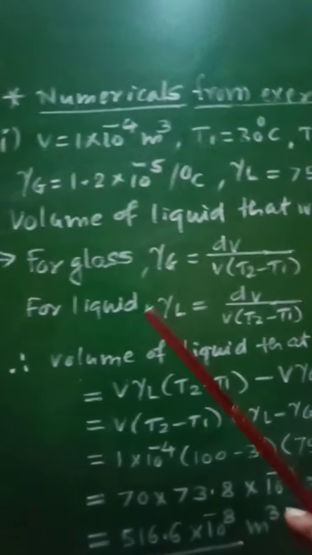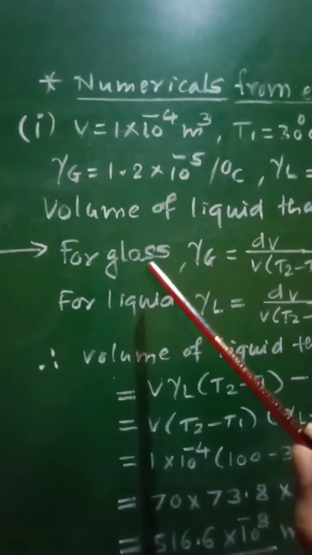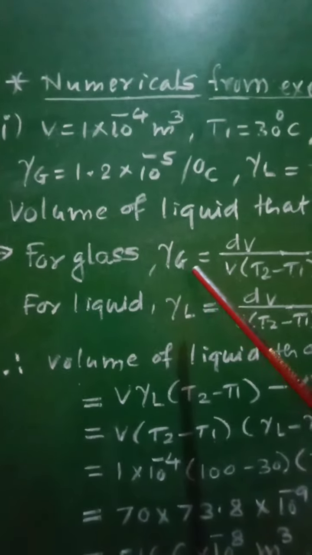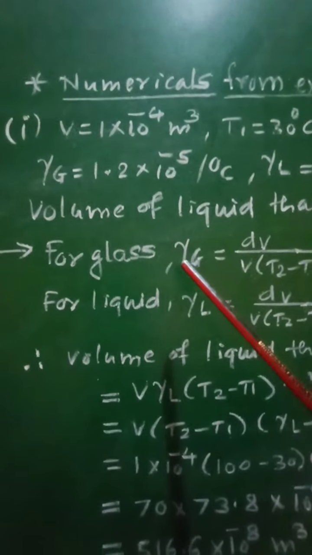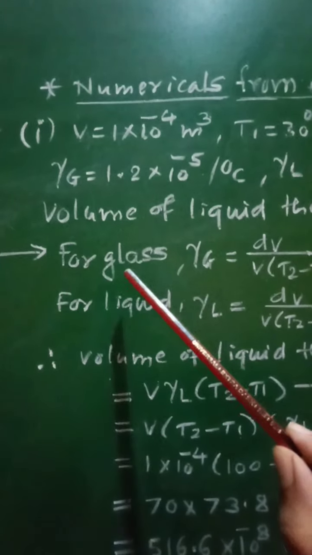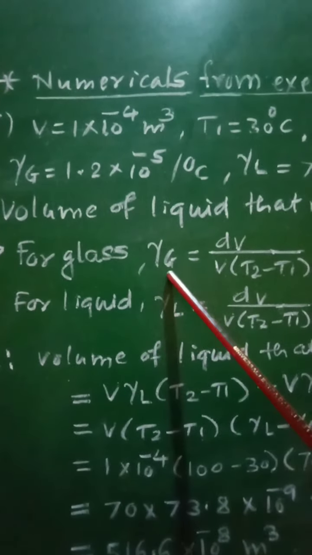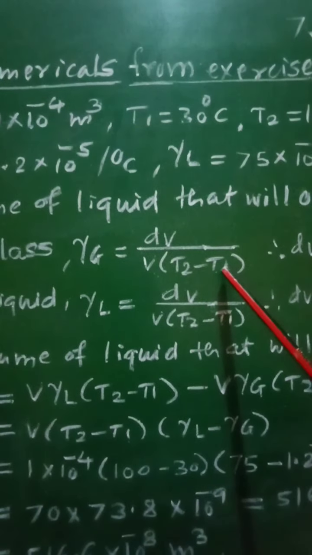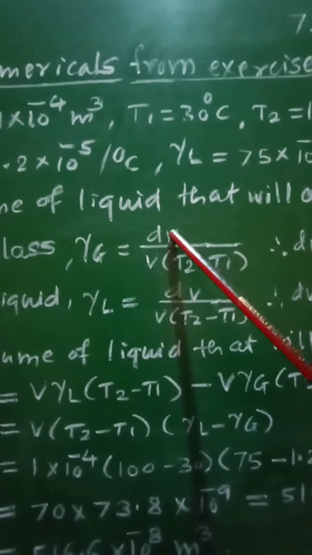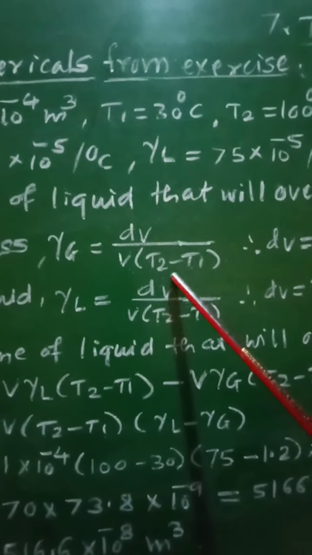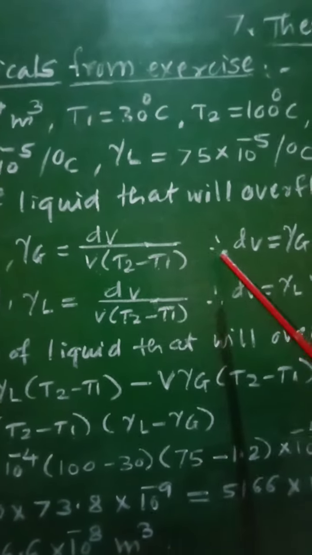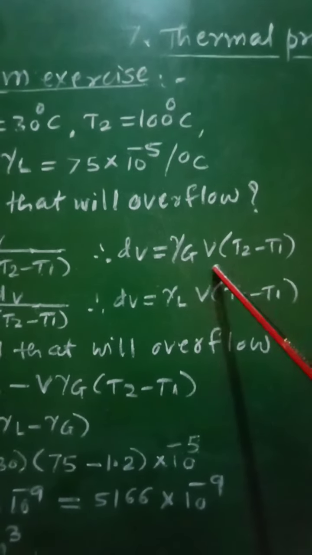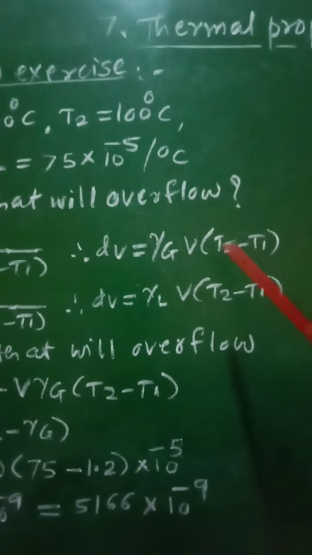In order to solve this, let us write the expressions for the coefficient of volume expansion of the glass and liquid. For glass, gamma G equal to dV upon V into T2 minus T1, and therefore we can write dV equal to gamma G V into T2 minus T1.